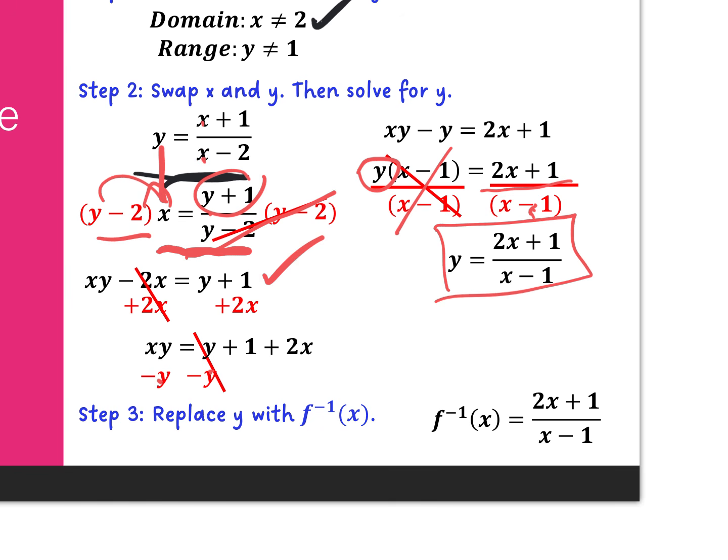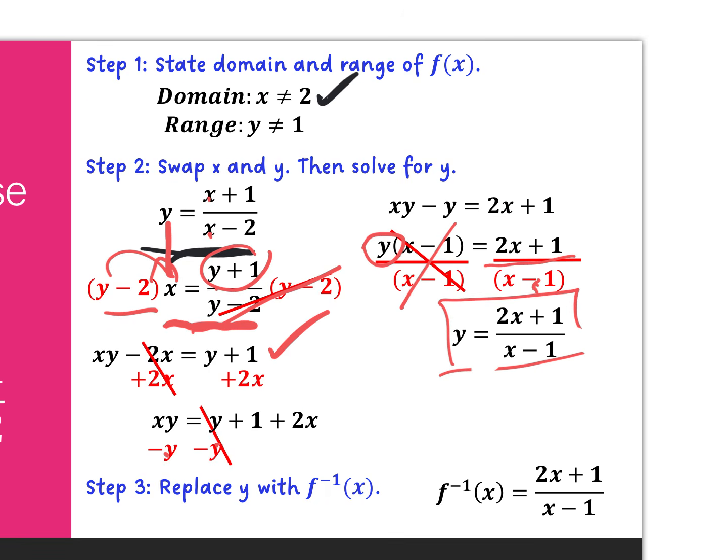But look at the answer here. Look at the denominator, x minus 1. The reason the range up here could not be a 1 is because that becomes a domain.